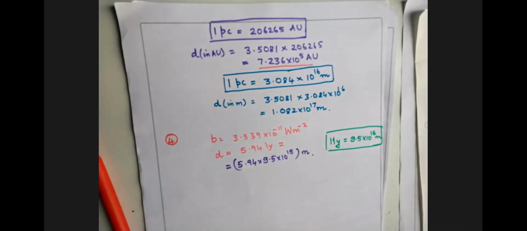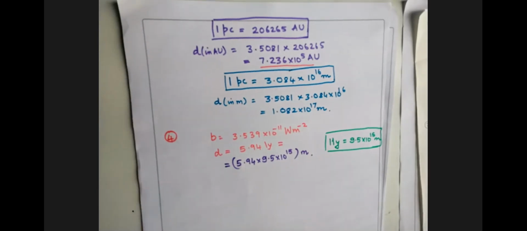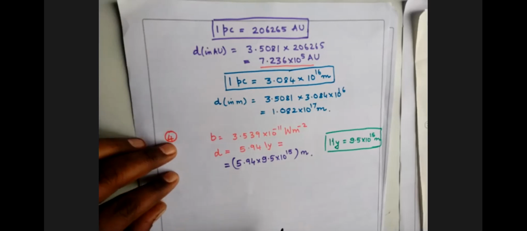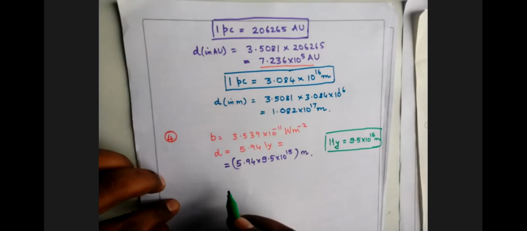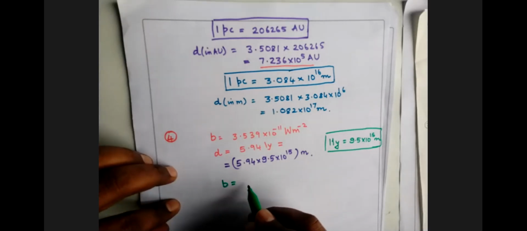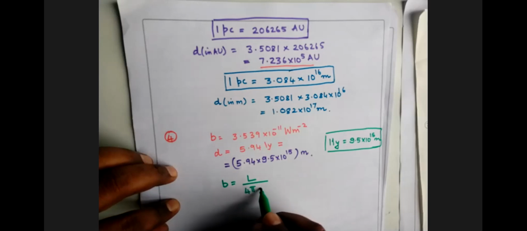So to calculate the luminosity of the star, we know the relation between luminosity and brightness. The brightness of a star is given by luminosity divided by 4 pi d square.